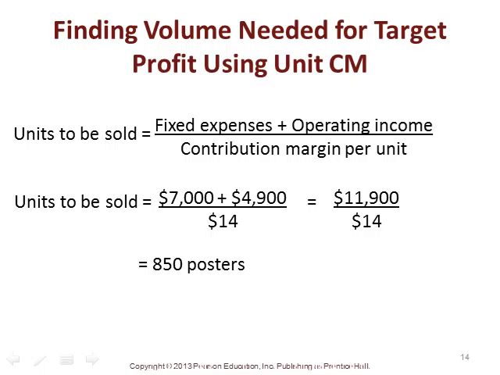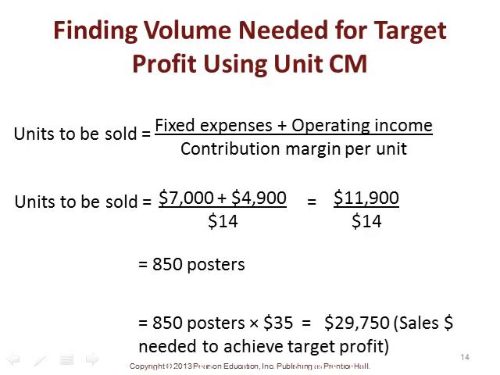So if we sold 850 posters at $35 a poster, we would have $29,750 in sales revenue, and that's what we would need to generate. We would need to generate that in order to cover $7,000 worth of fixed expenses, all of the variable costs that are associated with the 850 posters, and have $4,900 in operating income achieved.